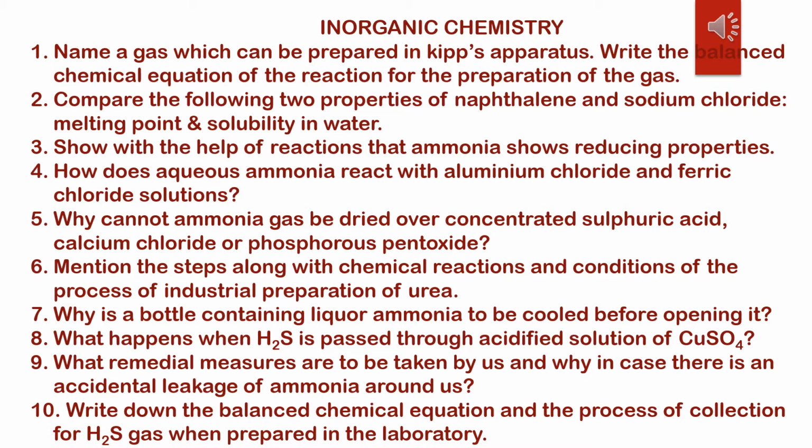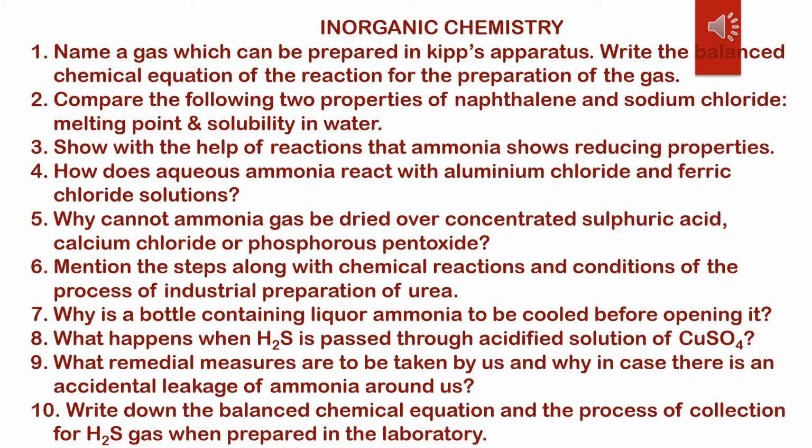Next question. Show with the help of reactions that ammonia shows reducing properties. So when ammonia is passed over heated cupric oxide, it reduces CuO to brown copper. Reaction you can say 2NH3 + 3CuO = 3Cu + 3H2O + N2.